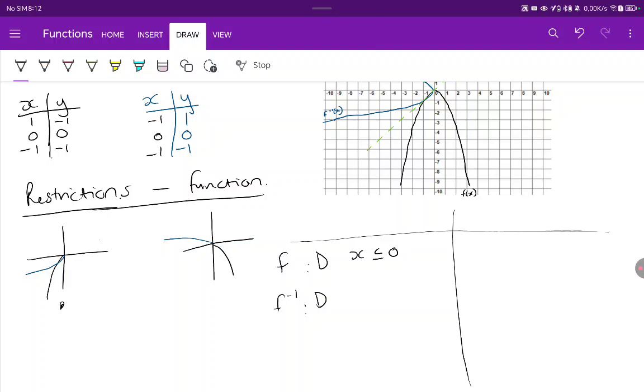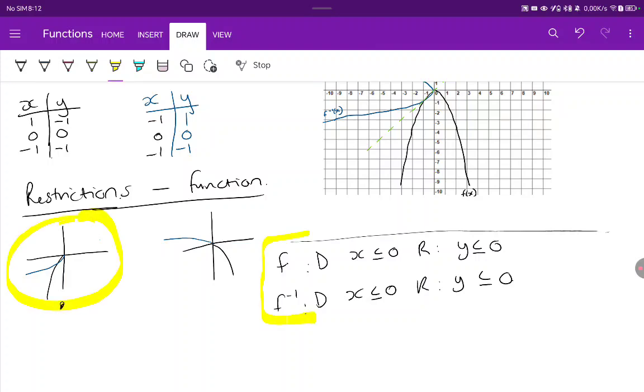And over here at the bottom, x is less than or equal to 0. That's our first option. Our range over here is going to be y values. Y is negative, so y is less than or equal to 0. Y is less than or equal to 0.